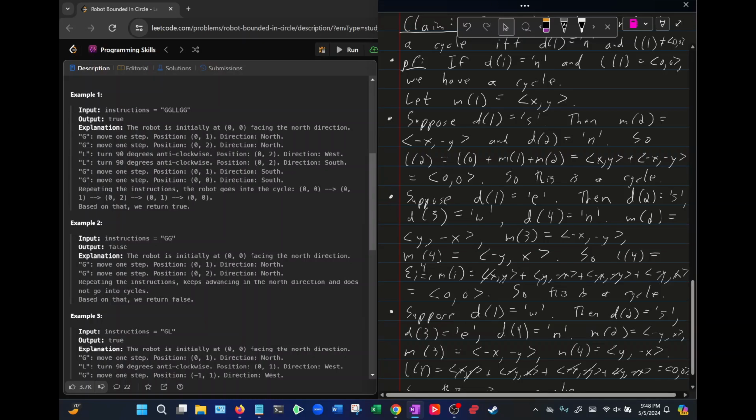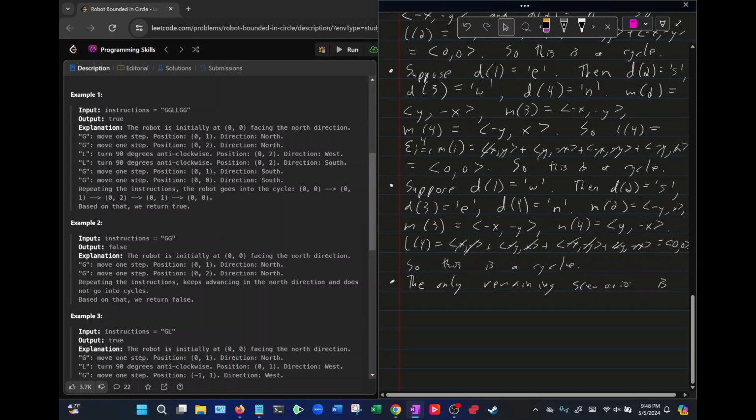The only thing we haven't covered is when D1 is north and L1 is not the origin. So the only remaining scenario is D1 is north and L1 is not the origin.